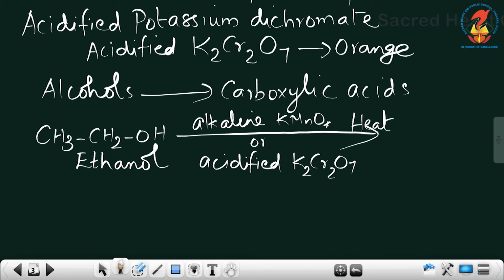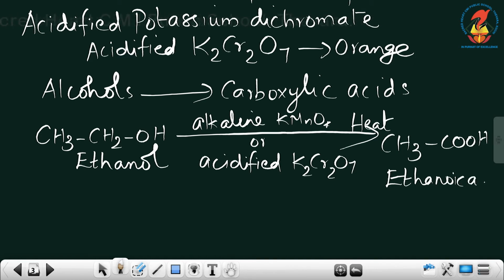Whatever be the oxidizing agent taken, you heat it. Alkaline KMnO4 or acidified potassium dichromate, you heat it, it changes to ethanoic acid. Acid with 2 carbon atoms, ethanoic acid.